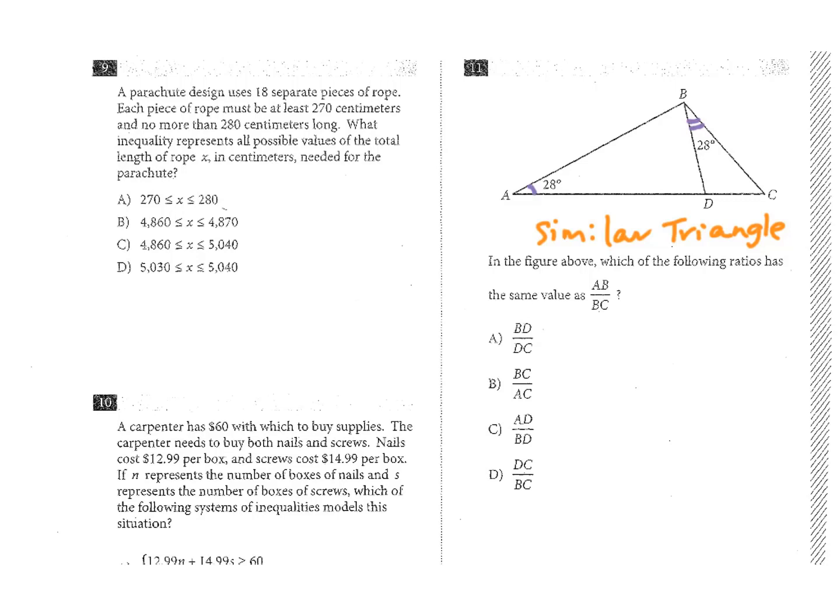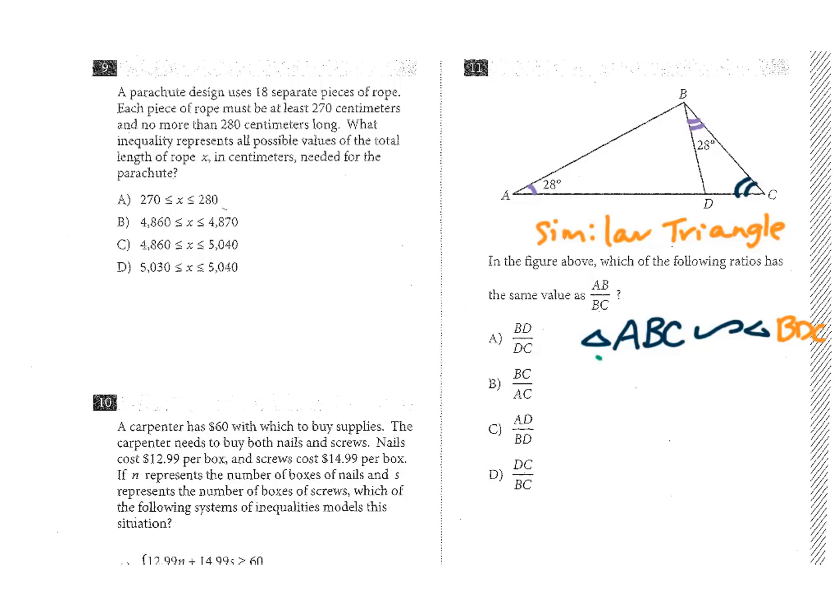We know there is a common angle C. So we can write down that the two triangles are similar to each other. That is, triangle ABC is similar to triangle BDC.